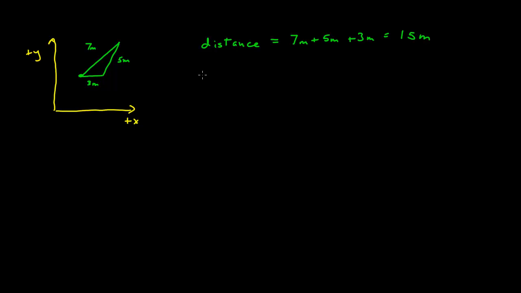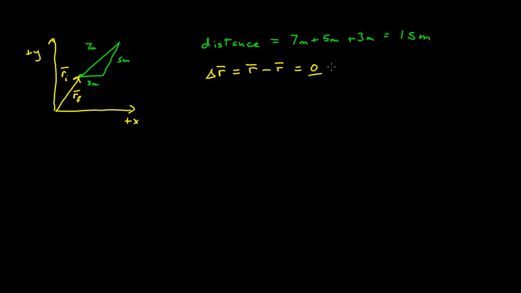Now the displacement: if we look at the position vectors, the initial position vector and the final position vector are exactly the same. It ended exactly where it started. The difference between two vectors that are exactly the same is 0.